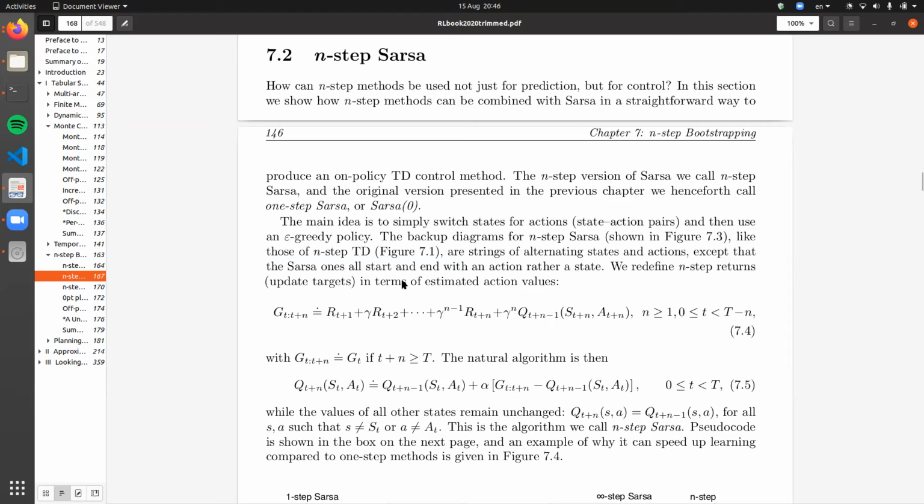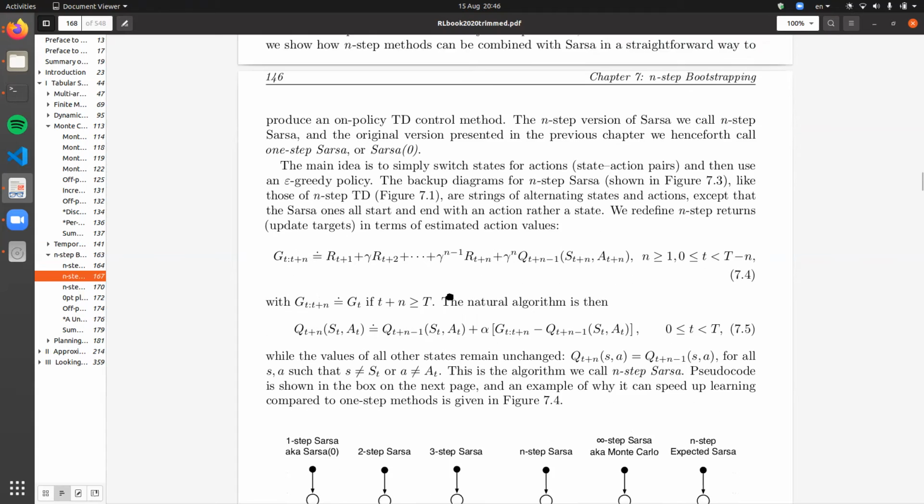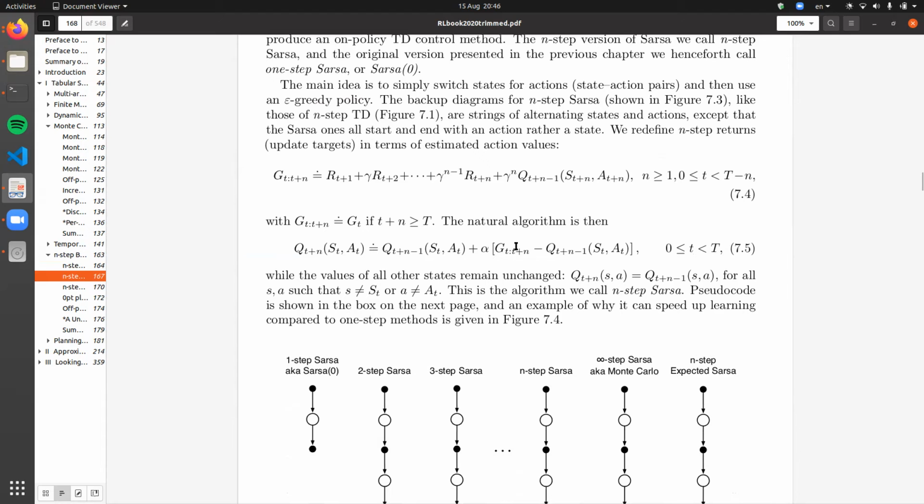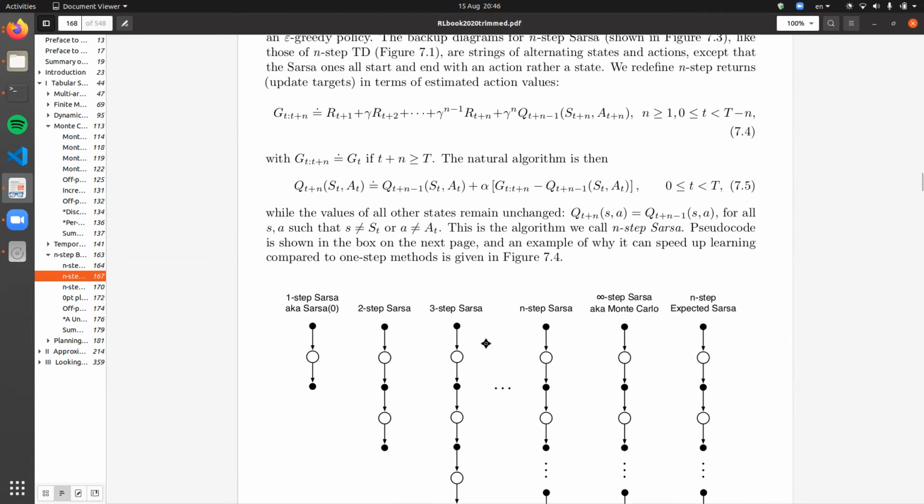And that's all we changed, and the update is done just like before as well. So we use that difference. This is our n-step TD error, or n-step error, for the update. It's here, right?